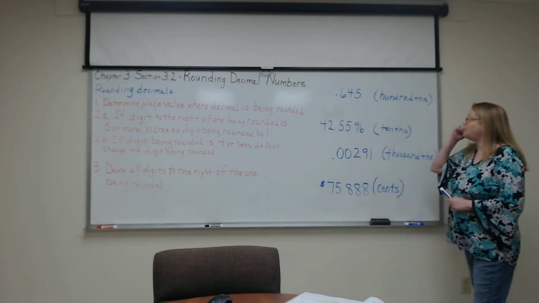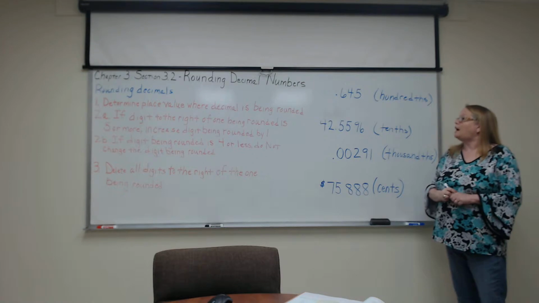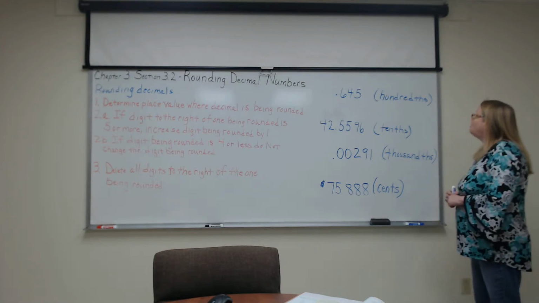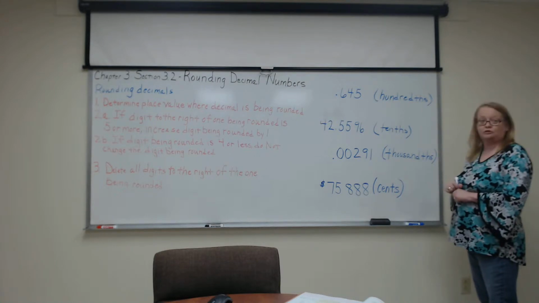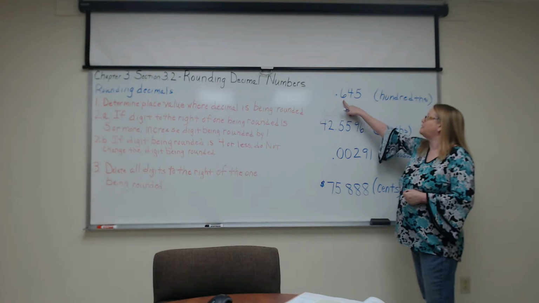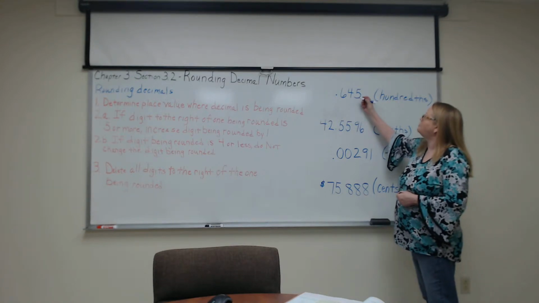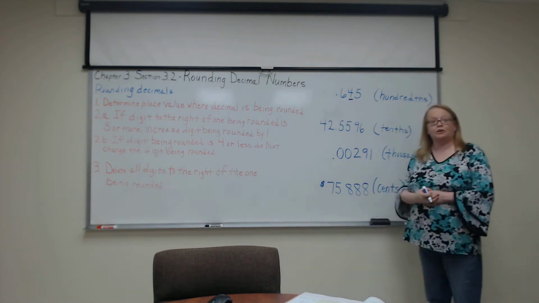So in our first one here, we have 645 thousandths. We want to round to the hundredths. So we have our tenths, hundredths. This is the digit that we're looking at.